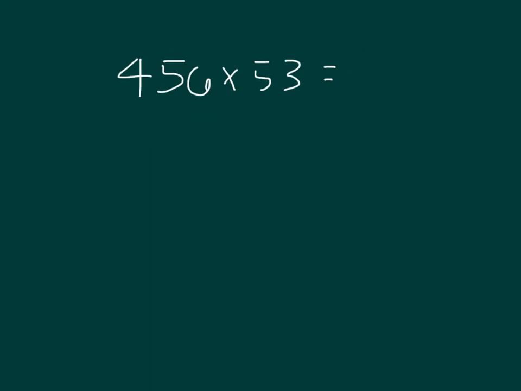Here we'll show a standard algorithm approach for 456 times 53. We'll start with the 3 here, where we're going 3 times those 6 ones, which equals 18 ones. And notice where I put the regroups.